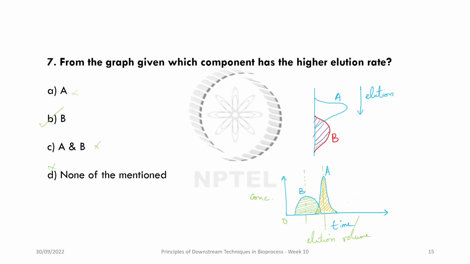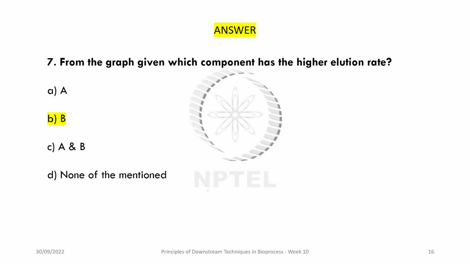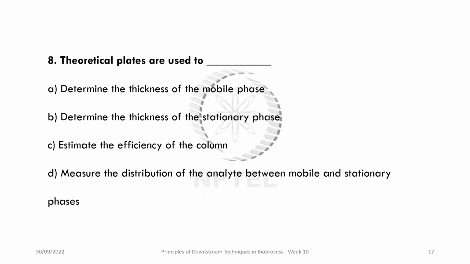The peak width is only going to tell you how efficiently it is getting eluted or how well it is getting separated, right? How many theoretical plates you have, how much time it has inside the column to actually concentrate into a sharp peak and all that. But the rate of elution has to do with the elution volume or the time with which it comes out, correct? Good, Urja.